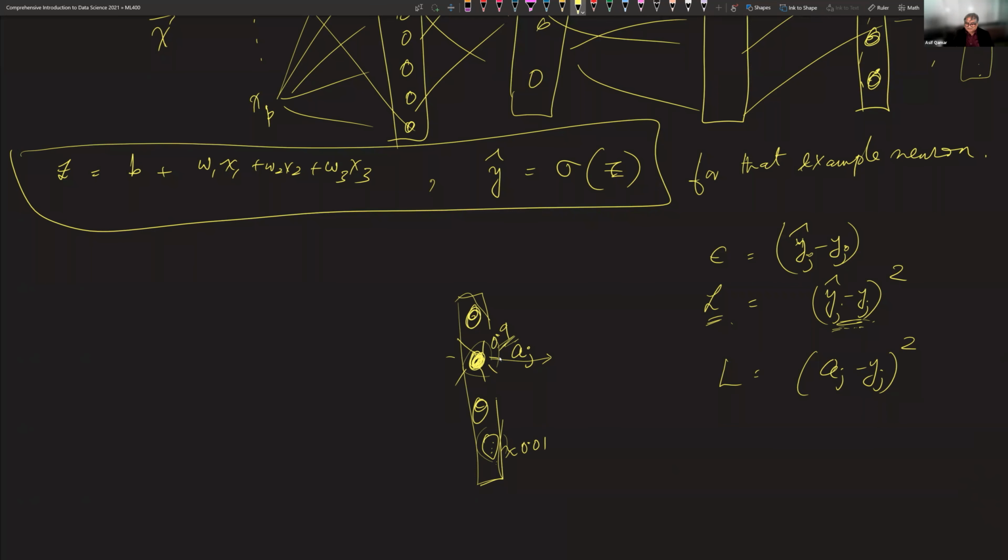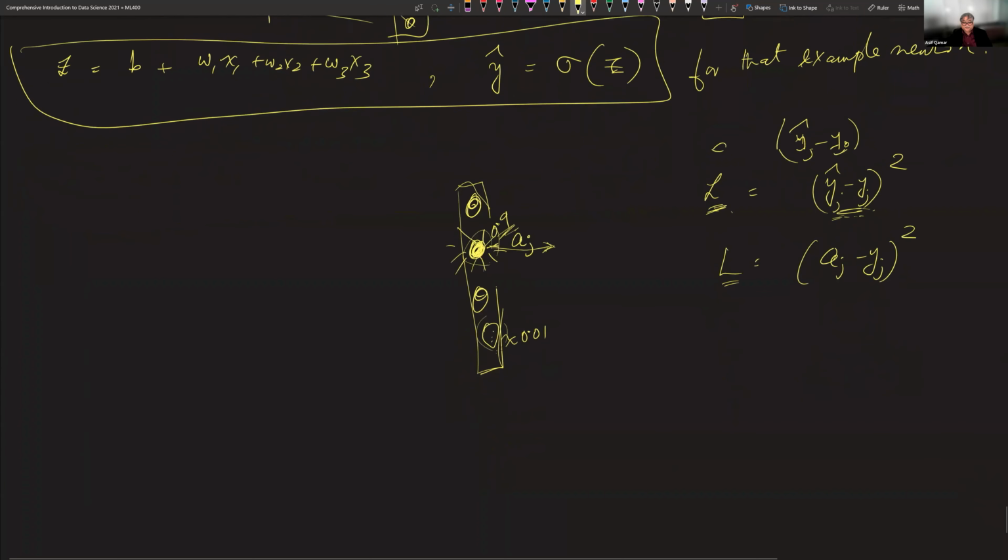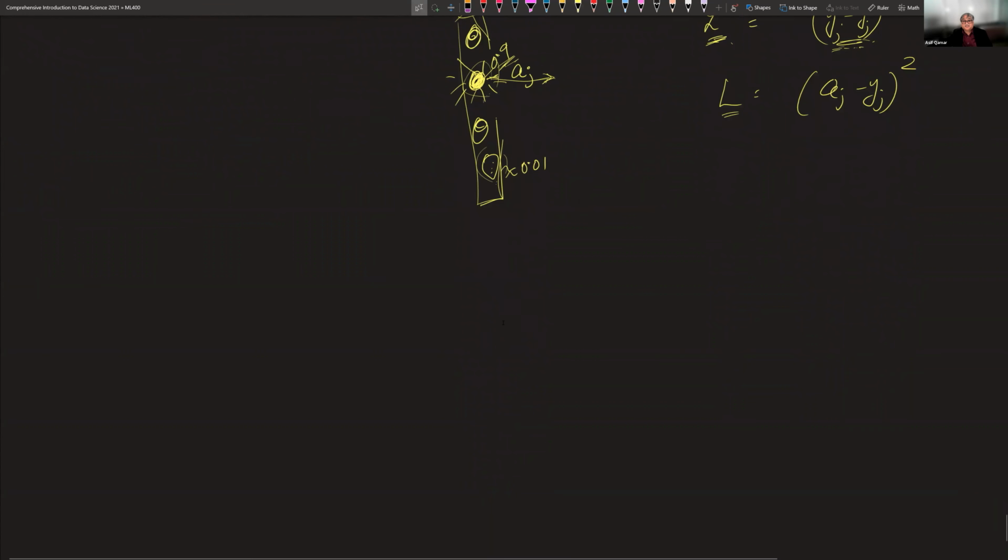So if you really want to fix your loss, you are better off making some small change to this activation. But how do you do that? That's the problem. So I will solve this problem first for one neuron.